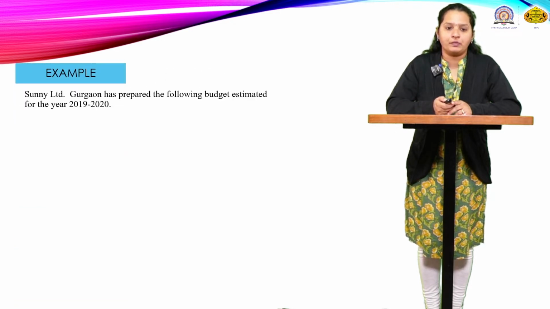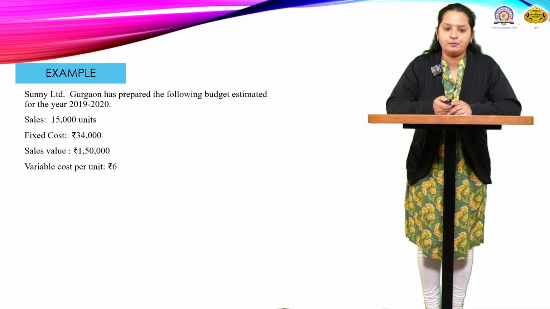So let us start with an example first. Sunny Limited, Gurgaon has prepared the following budget estimates for the year 1920. They have given us the following particulars: sales of 15,000 units, fixed cost rupees 34,000, sales value rupees 1,50,000, variable cost per unit rupees 6.